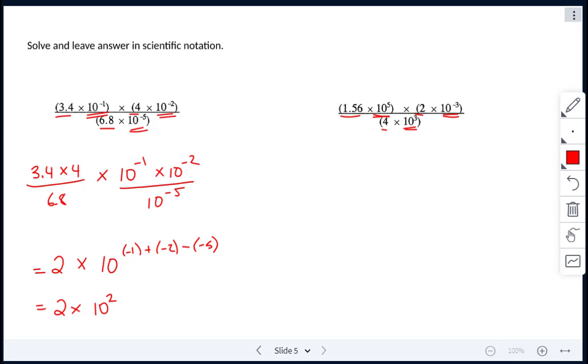All right, so for this next example, we're going to take the 1.56, multiply it by 2, divide it by 4, and then we have our exponents, 10 to the power of 5 times 10 to the power of negative 3 divided by 10 to the power of 3.